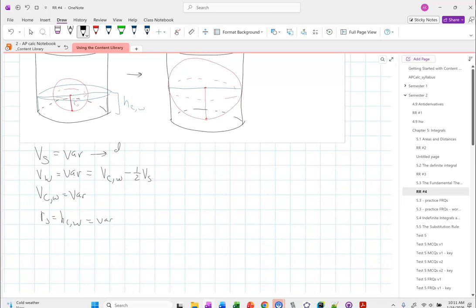So I'm going to have a dV_s/dt. I'm going to get a dV_cw/dt. I'm going to get a dr_s/dt, but that's just going to be equal to dh_cw/dt.